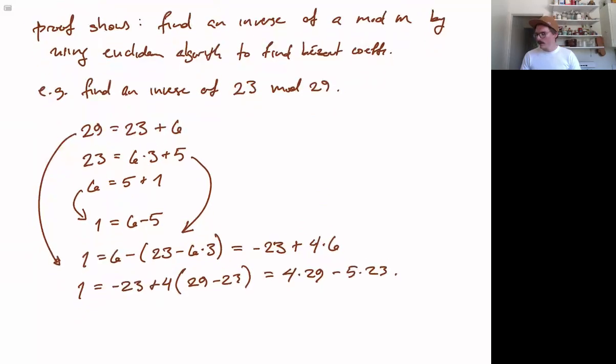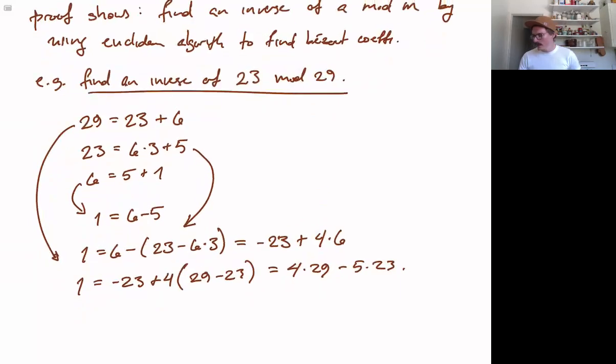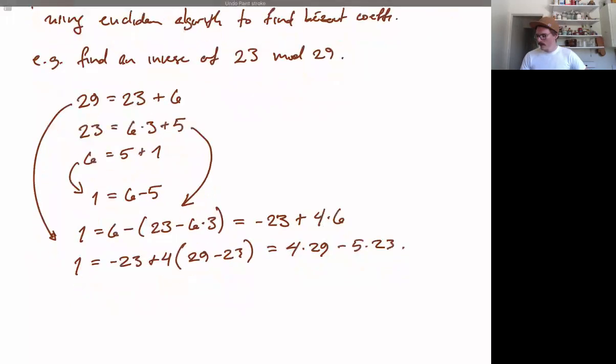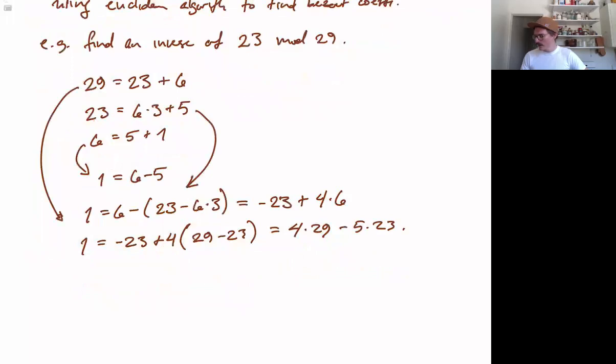So let's look at what we were looking for. Find an inverse, right? So we found our Bezout coefficients, and we want to find an inverse of 23 mod 29. If we look at this equation, this is telling us that 23 times negative 5 is congruent to 1 mod 29. So negative 5 is an inverse of 23 mod 29.